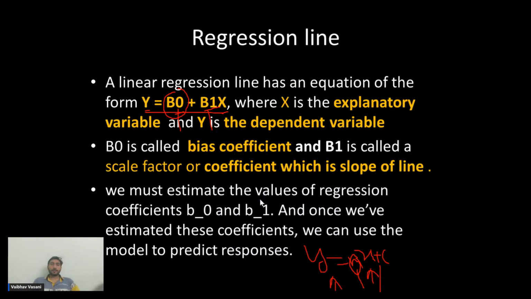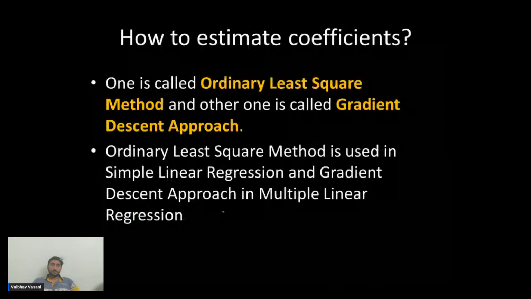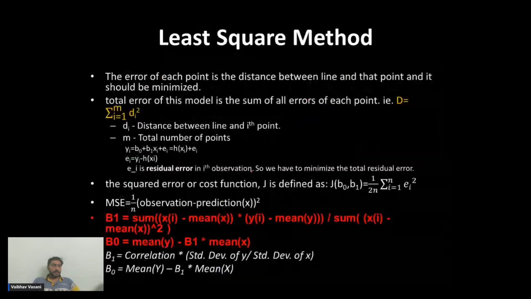So this is the least square method. There are many methods, not one. There are multiple methods which we can use. Ordinary least square method is used for calculating the dependent and independent variable relationship. This is the y-intercept, and then we can calculate the slope, and we can have those values of x and y. So here beta 1 and beta 0 are the values.